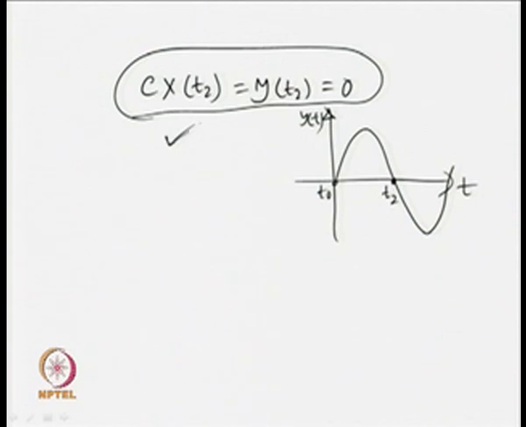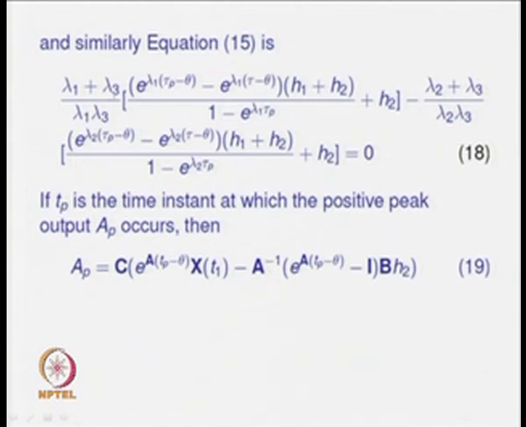When the x(t2) expression is substituted here, one obtains (lambda 1 plus lambda 3) upon (lambda 1 lambda 3) times (e to the power lambda 1 (tau p minus theta) minus e to the power lambda 1 (tau minus theta)) times (H1 plus H2) upon (1 minus e to the power lambda 1 tau p) plus H2, minus (lambda 2 plus lambda 3) upon (lambda 2 lambda 3) times (e to the power lambda 2 (tau p minus theta) minus e to the power lambda 2 (tau minus theta)) times (H1 plus H2) upon (1 minus e to the power lambda 2 tau p) plus H2, is equal to 0.